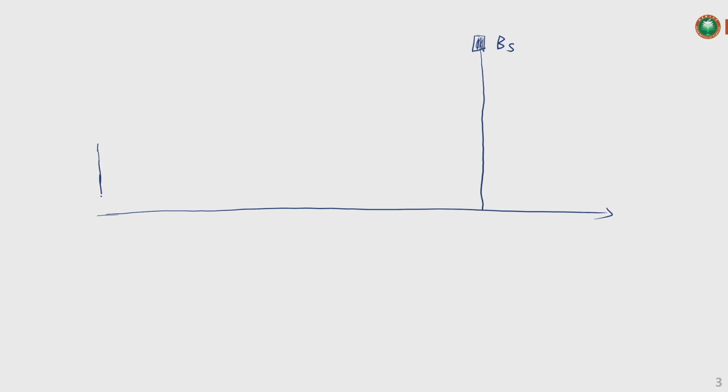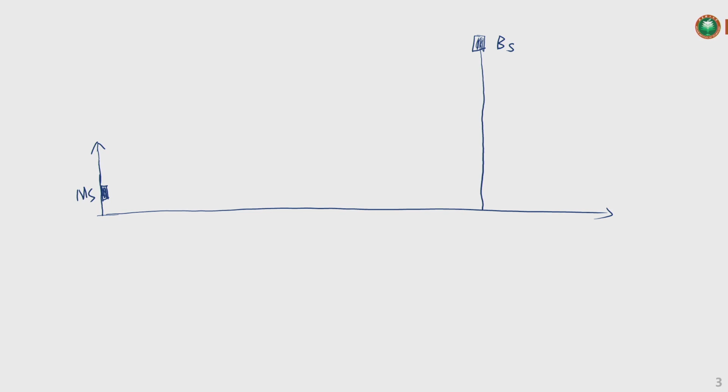Here is the ground, and we have our base station here. And we have a mobile user or mobile receiver, as it is much lower than the base station.